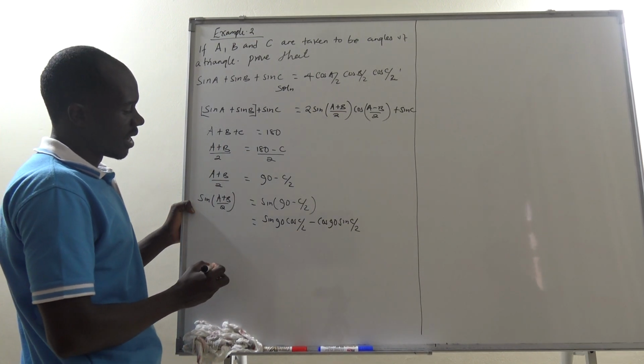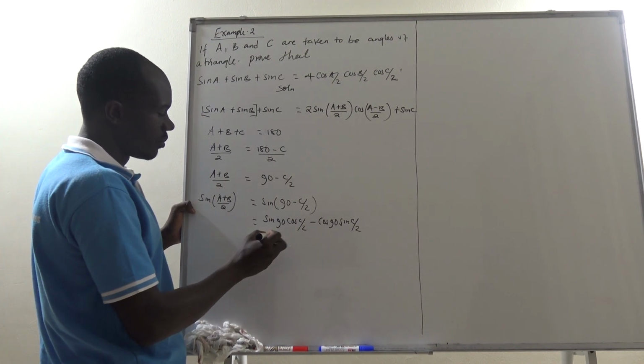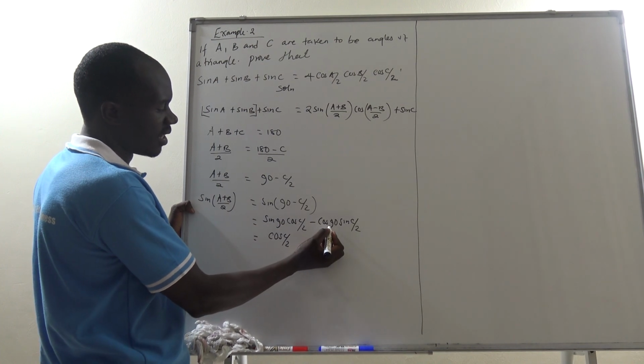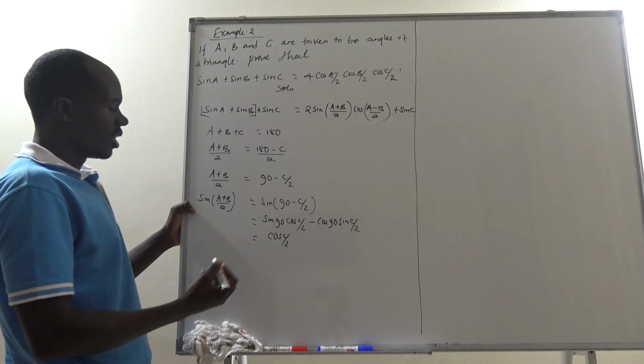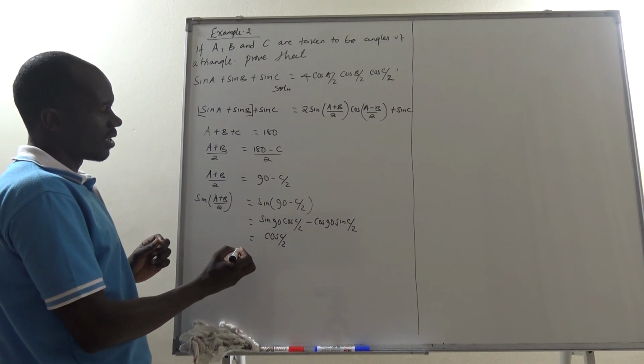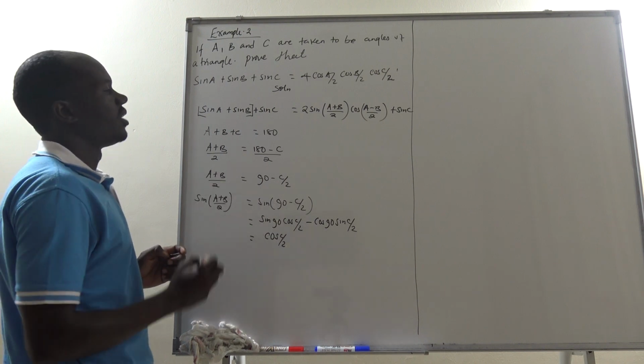Sin of 90 is automatically 1, so 1 times cos C by 2 is cos C by 2. Cos of 90 is 0, and 0 times anything goes away. So that's what we are having: cos C by 2.